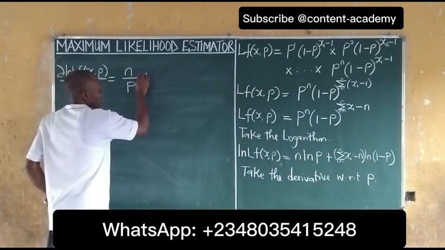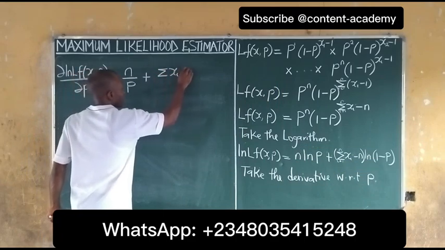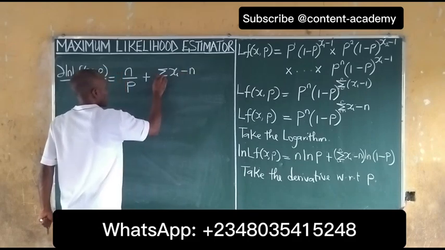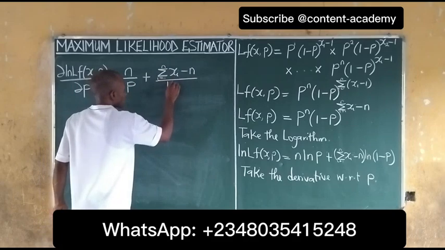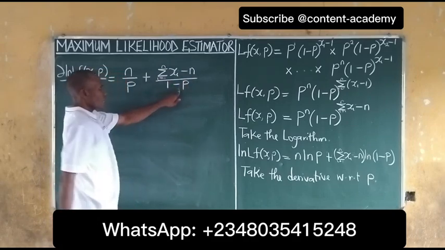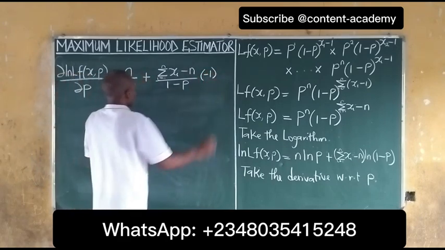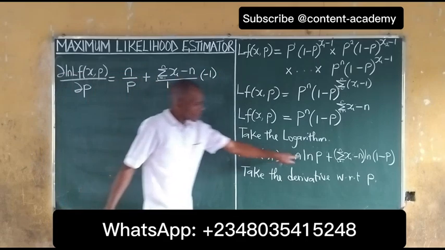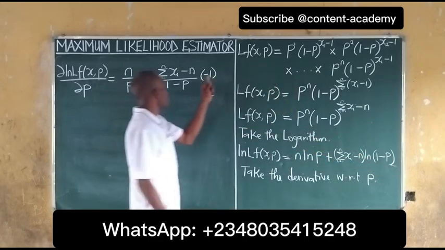So if you differentiate this with respect to p, this is what we get. We get plus the summation of xi minus n, i running from 1 to n, all over 1 minus p. Because we have negative p here, we multiply it by negative 1. If we differentiate the whole of this with respect to p, this is what we get.